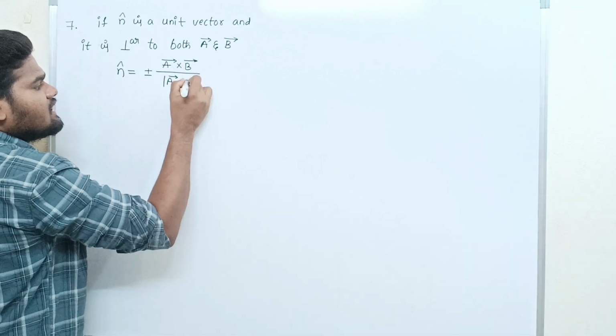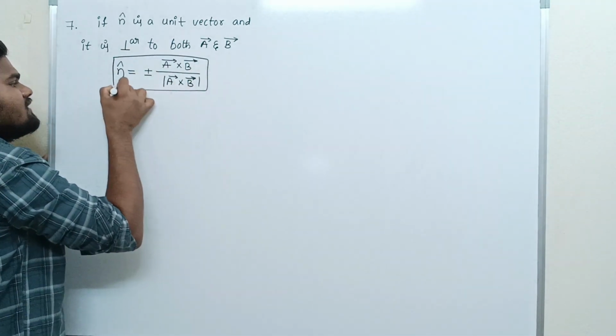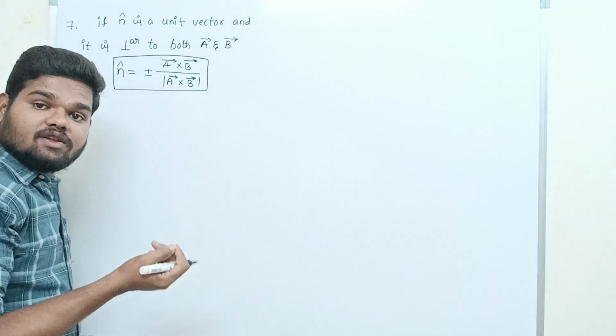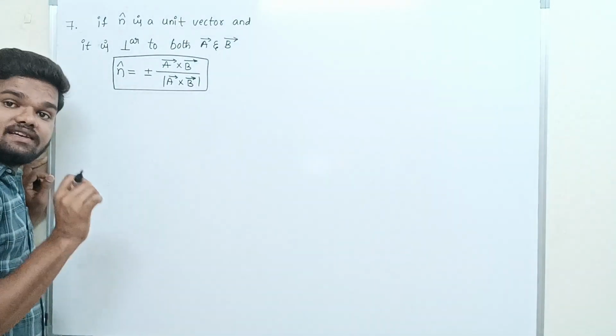Okay, so this is the formula for the unit vector when that unit vector is perpendicular to both A bar and B bar vectors. Is it clear?